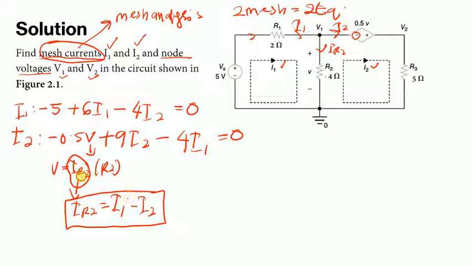You can substitute this into here: I1 minus I2 times R2, which is 4 ohm. So here you get 4 I1 minus 4 I2.